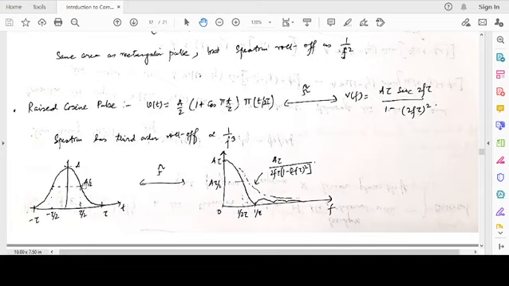The amplitude is just half at minus tau by 2 and plus tau by 2. So its shape looks something like this. Note that it's very similar to a triangular pulse. A triangular pulse would have a linear rise, but this is a raised cosine. Cosine is there, and raised because of the 1 plus, as if the cosine is raised up.